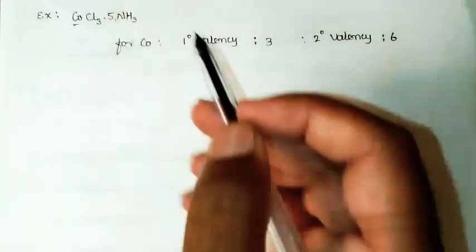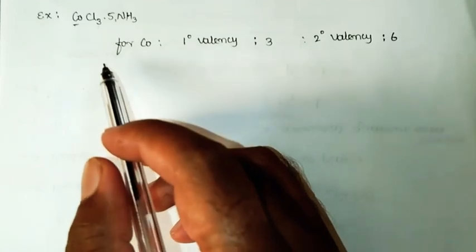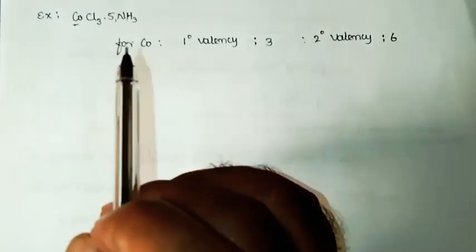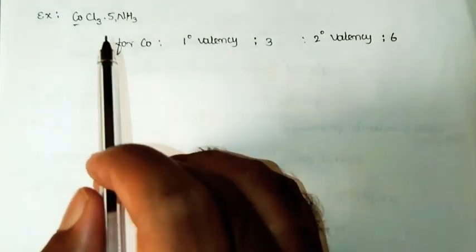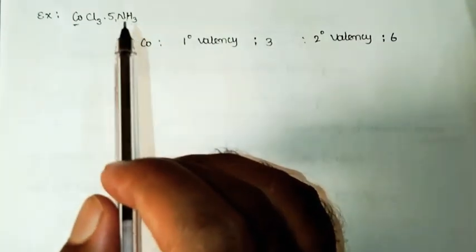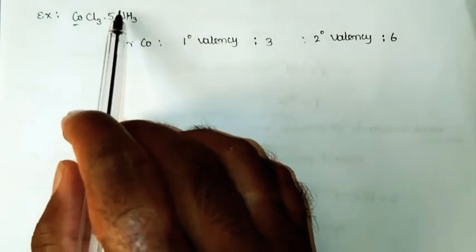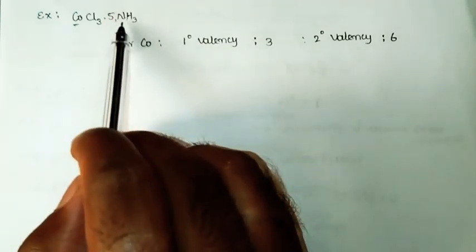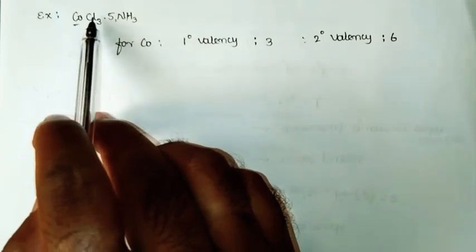According to the postulates of Werner's theory, the primary valency of the central metal ion will be satisfied by negative ions, and the secondary valency of the central metal ion is satisfied by either neutral molecules or negatively charged ions. So here NH3, we already said, is a neutral monodentate ligand, and chloro is an anionic monodentate ligand.